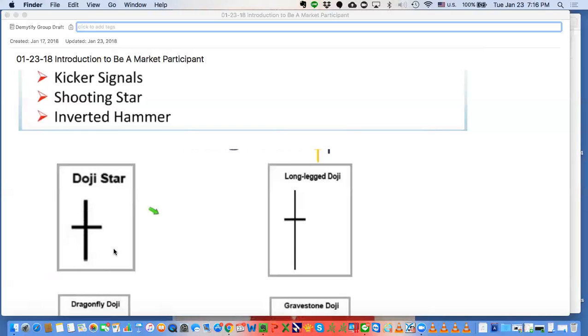The bull and bear have still not decided. If the third day still looks similar, the bull still has not decided. The longer you have a period like this, at some point one side will lose, right? One side will decide to give up. The longer this lasts, the stronger the next move will be.